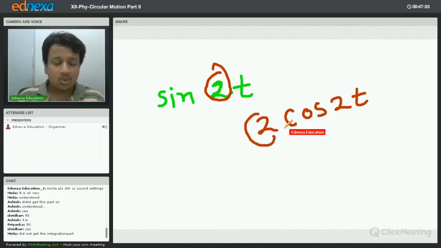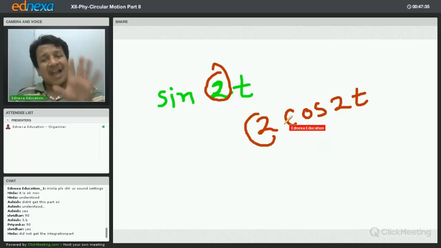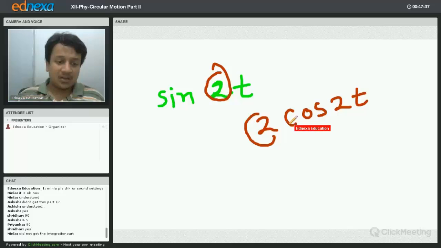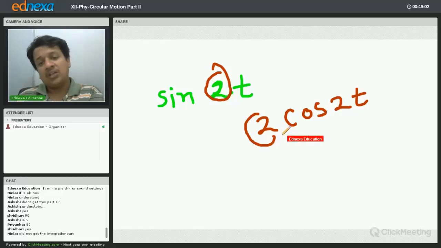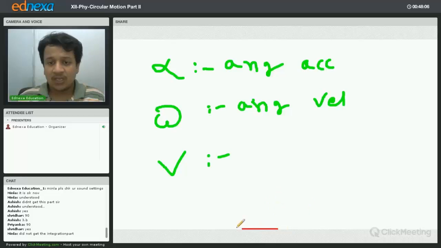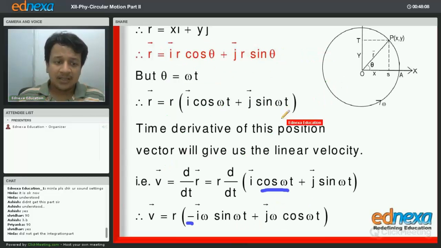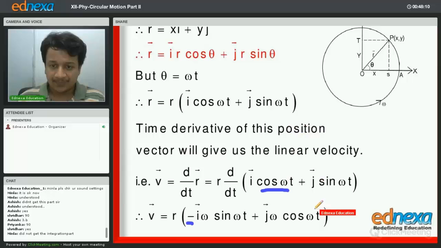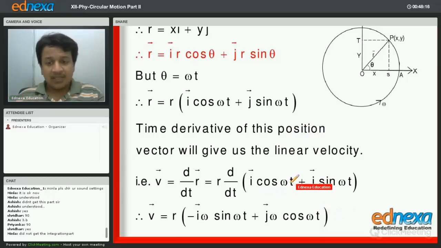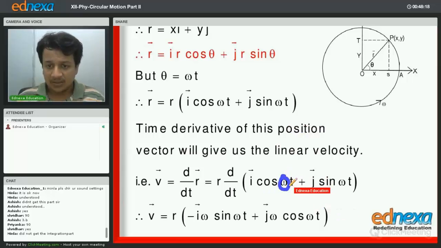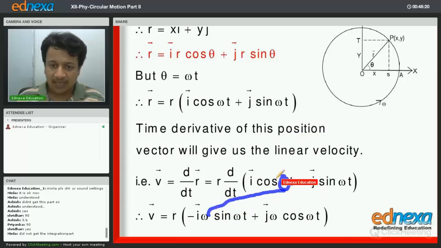According to the chain rule, the value attached to t will come outside. I am working with the derivative just now. So in sin 2t, this 2 is attached to t. Similarly, over here, omega is attached to t, which will come outside.